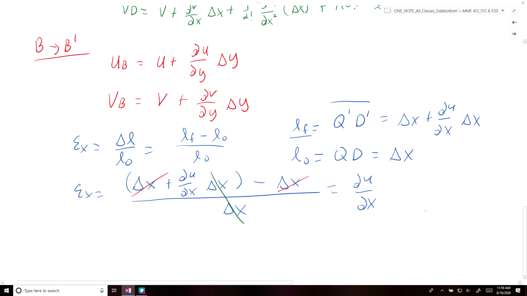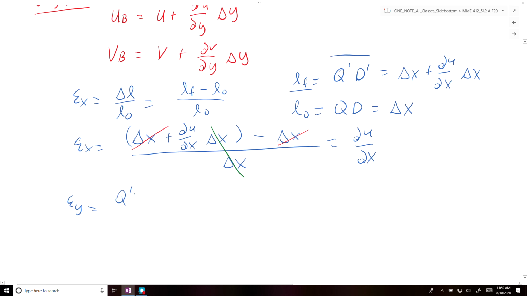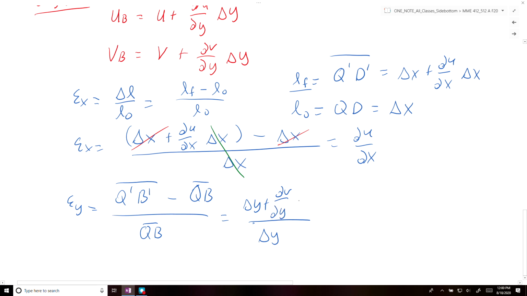So in a similar fashion, we could say that epsilon y would be equal to q prime b prime minus qb divided by the length qb. All right, so what we end up getting is delta y plus dv/dy delta y minus delta y. So we end up just getting dv/dy.